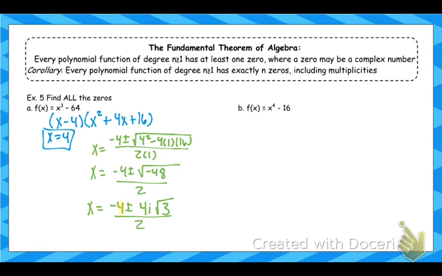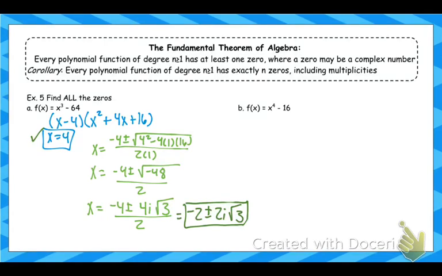Then, since all of those numbers are divisible by 2, we can divide each of those numbers by 2. And that gives us negative 2 plus or minus 2i root 3. So now we have 3 answers for our third degree polynomial. x equals 4, negative 2 plus 2i root 3, and negative 2 minus 2i root 3.